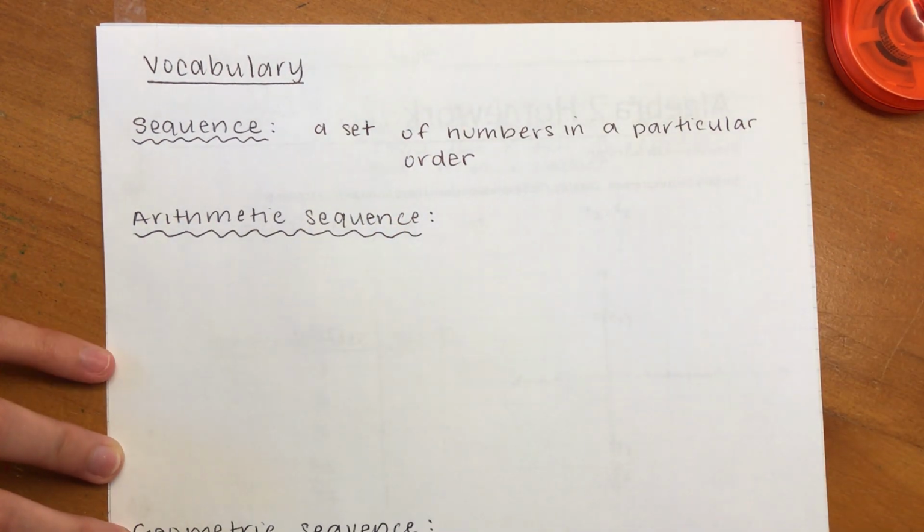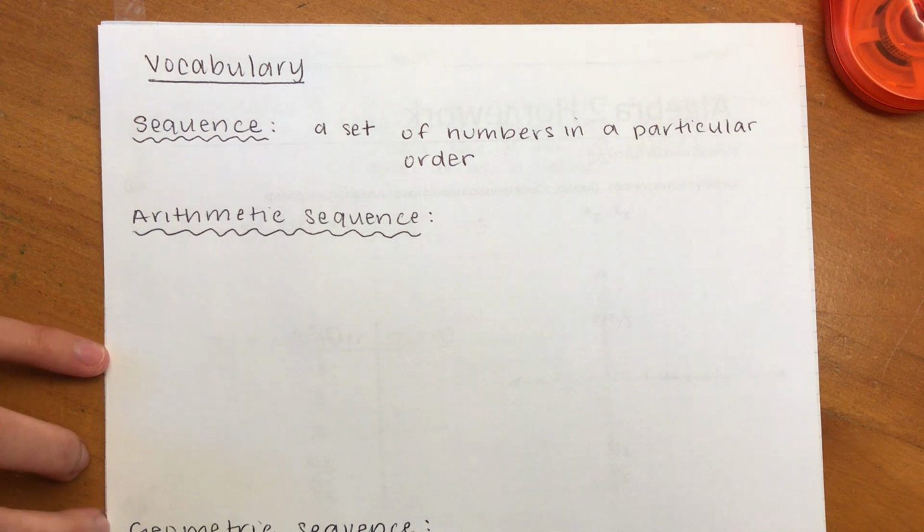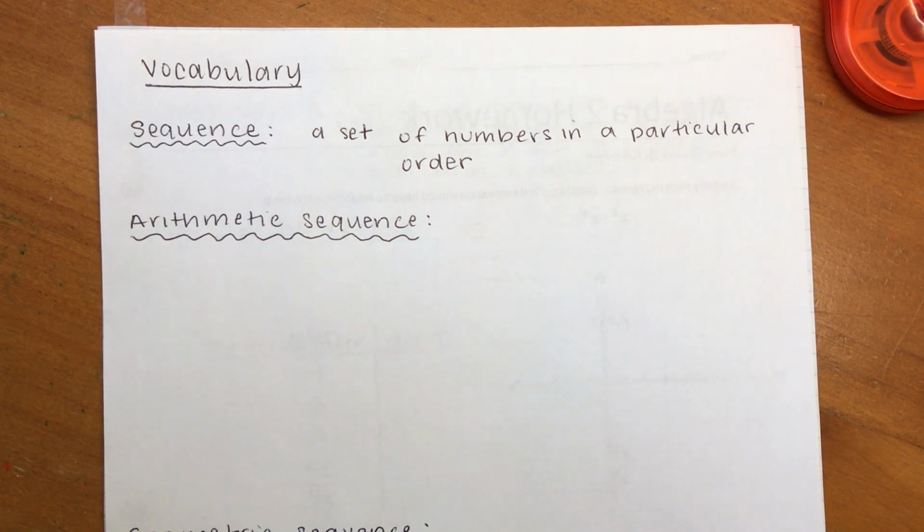So we have a set of numbers in a particular order is a sequence. If you'll notice, all of our sets in the do now are examples of sequences. So it's a list of numbers.